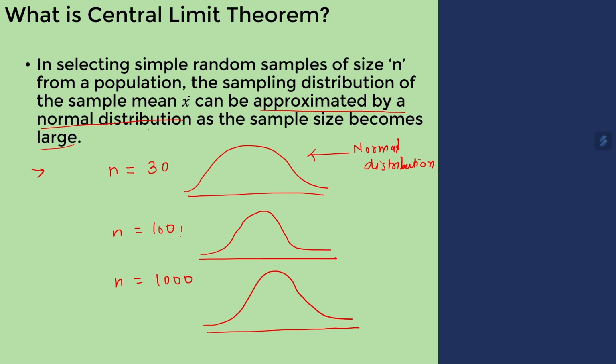This dome in the middle, which is shown in this normal distribution, will rise when the sample size n increases. This is all about the central limit theorem.